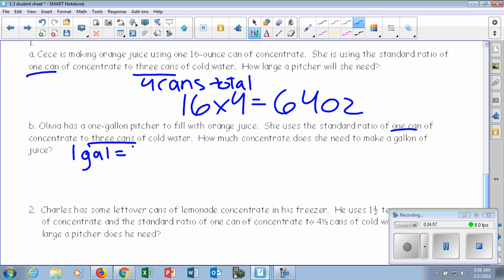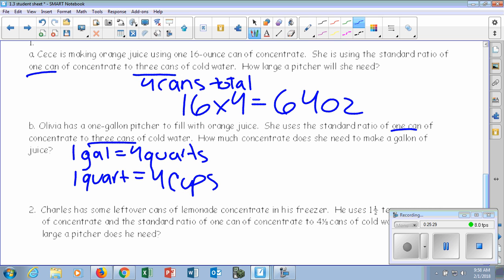This is written on the front in those conversions. Now let's get this into cups because that's what they have. So let's get our conversions both into cups. Now we can go from gallons to quarts. How many cups does 1 quart equal? 4 cups. Yeah, 1 quart equals 4 cups.